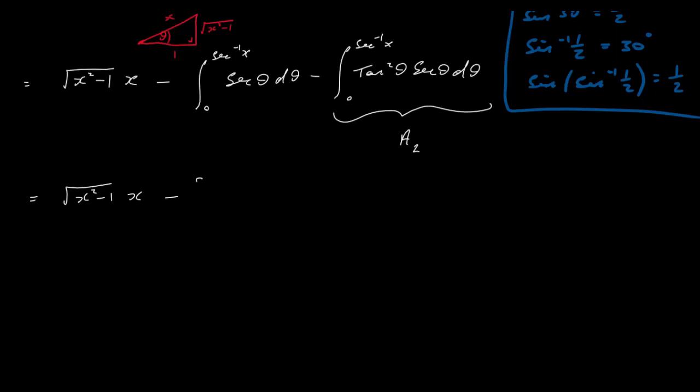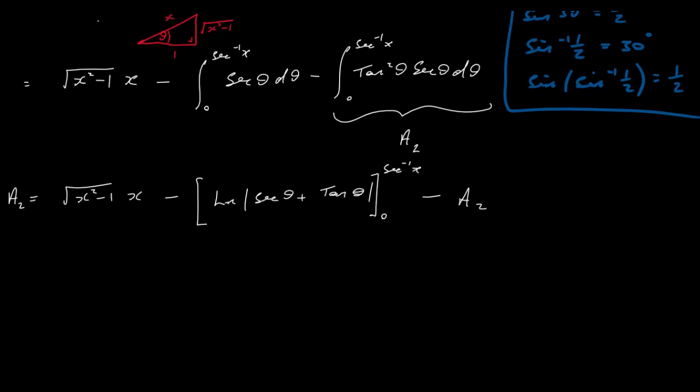If you integrate sec theta, you'll get the log of the absolute value of sec theta plus tan theta. Again, that goes from 0 to sec inverse x, and then we are subtracting area 2 here. Remember, this is area 2.